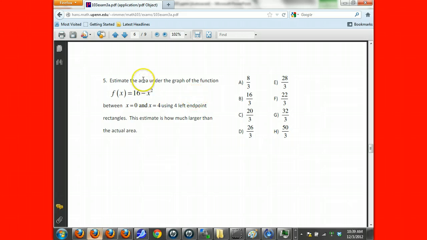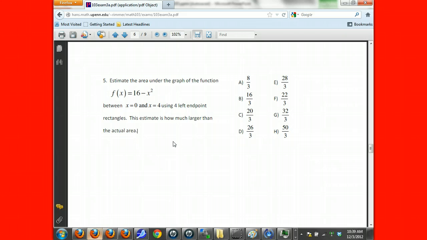Find the area: first estimate the area using rectangles, then find the exact, actual area, and see how much larger the estimate is over the actual area. Was it the actual area that gave you trouble, or the estimation? I got F, and it said the answer was B, so I don't know why.